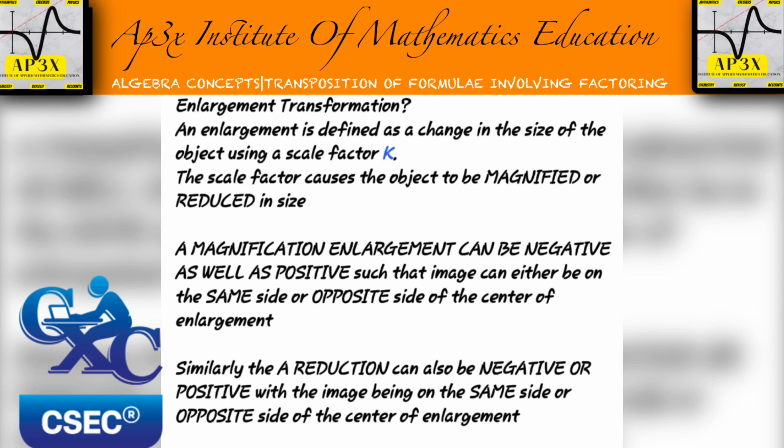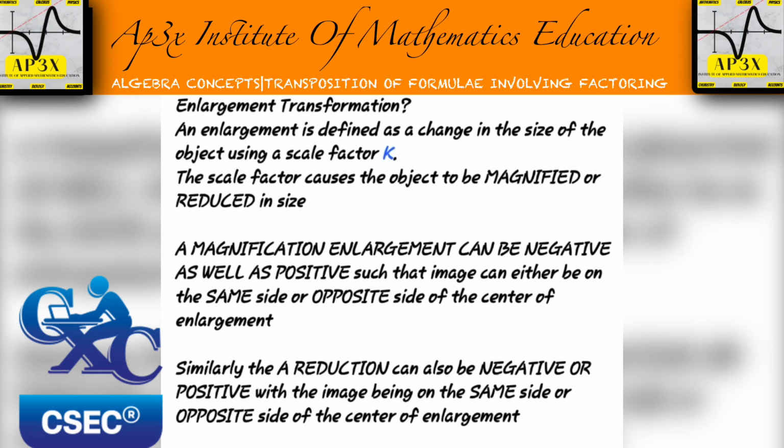transformations, reduction or magnification. Now, a magnification enlargement can be negative as well as positive, such that the image can either be on the same side or the opposite side of the center of enlargement. So magnification and reduction have been broken up into smaller components, such as I said, negative and positive enlargement.